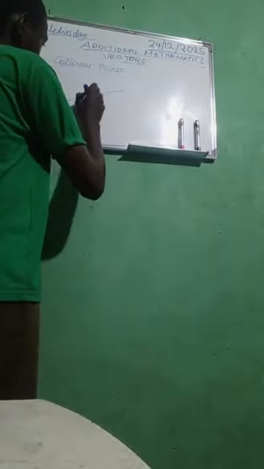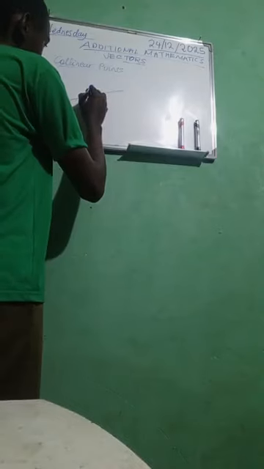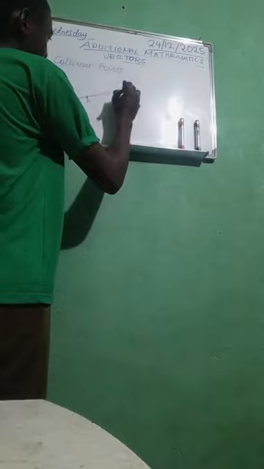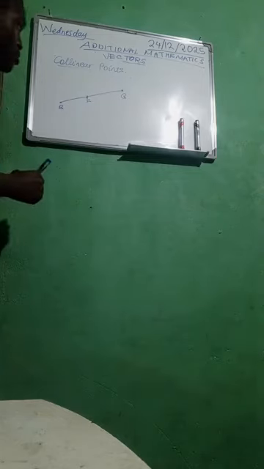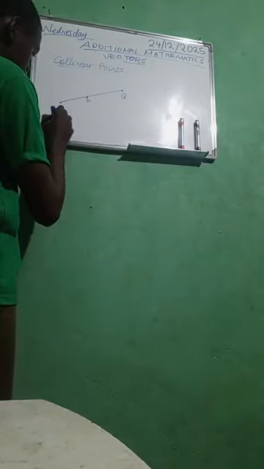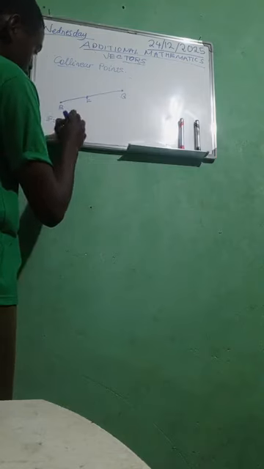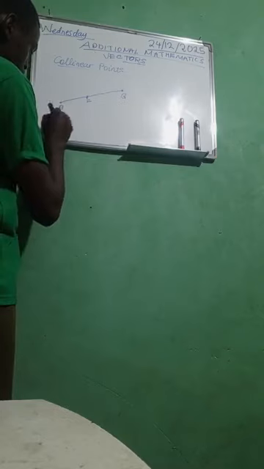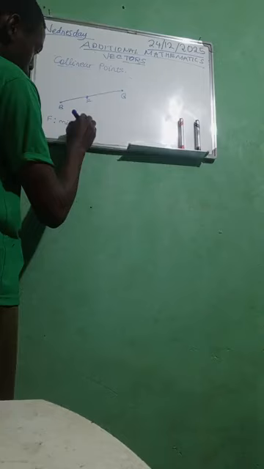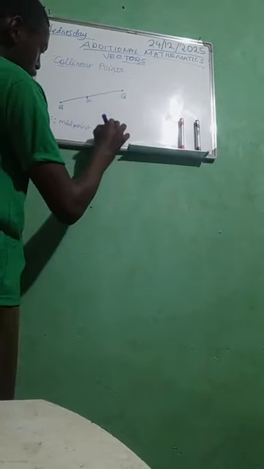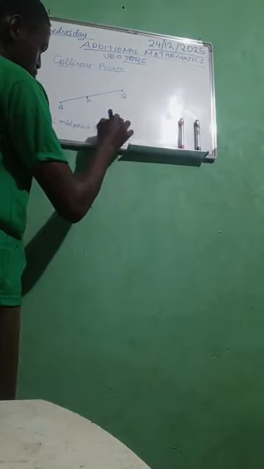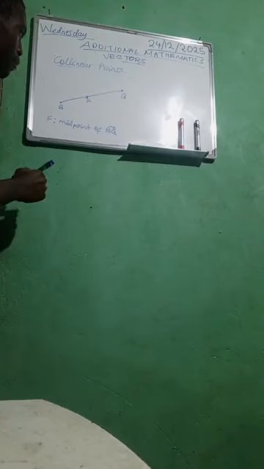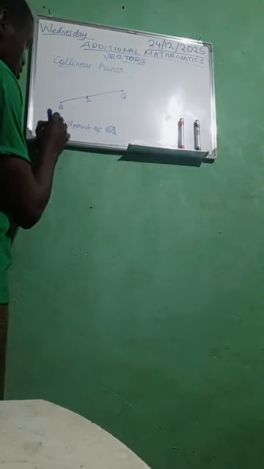We have the point B, the point F, and the point G. And then they tell you that F is the midpoint of BG.